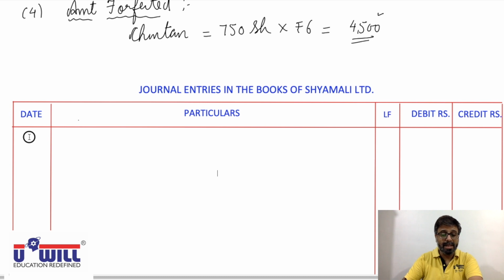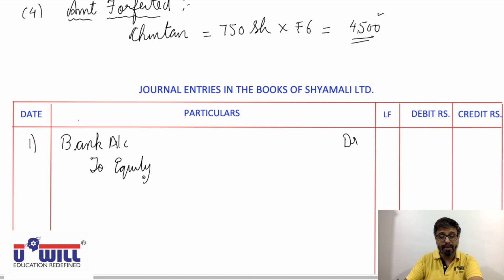Now, very first entry is passed for receipt of application money. Okay, so bank is the receiver, debit the receiver, bank account debit, and temporarily we transfer the money to equity share application account.